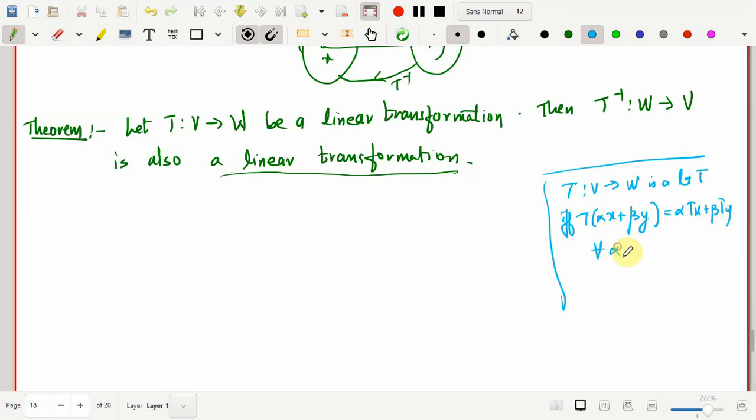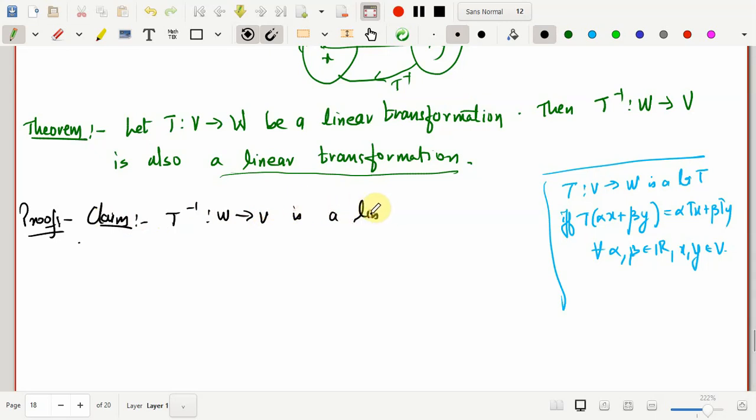This is true for every alpha, beta in R and x, y in V. Using this theorem, I'm going to show that T inverse is also a linear transformation. So let's get back to the proof. First of all, the claim is T inverse from W to V is a linear transformation.